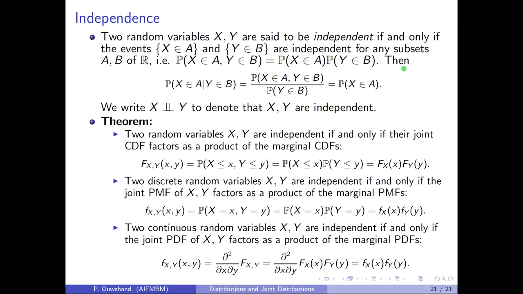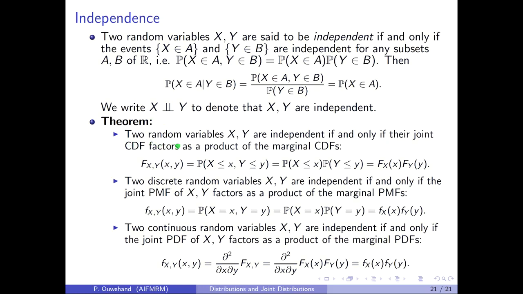Intuitively, this means that information about y does not cause us to reassess the probabilities involving x. In other words, the conditional probability that x belongs to A is the same as the original probability that x belongs to A, conditional on no information. In some sense, therefore, knowledge about y tells us nothing new about x. We use this symbol here to denote independence.